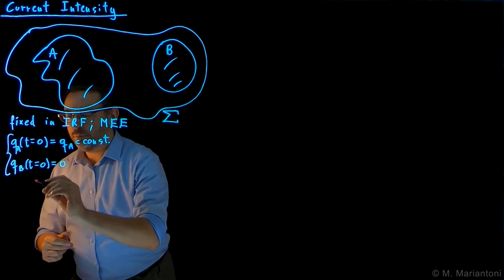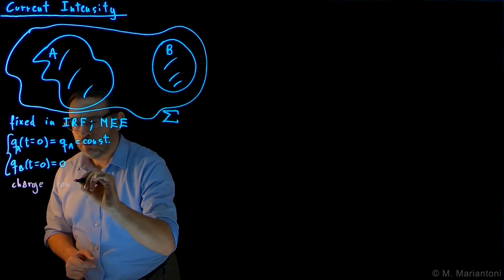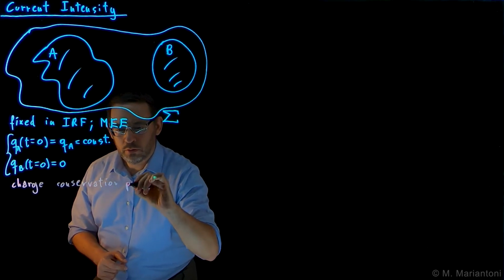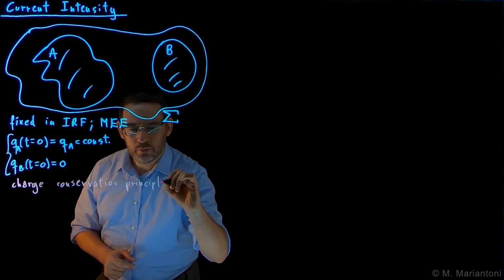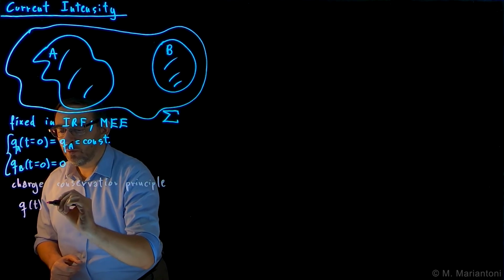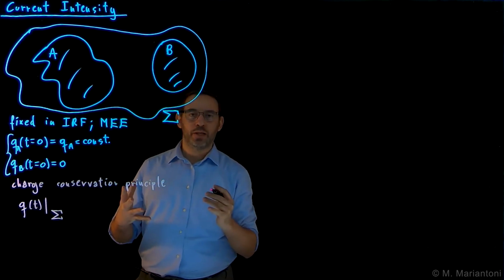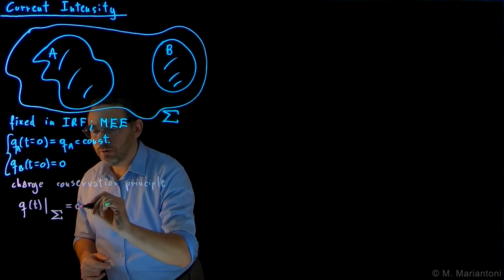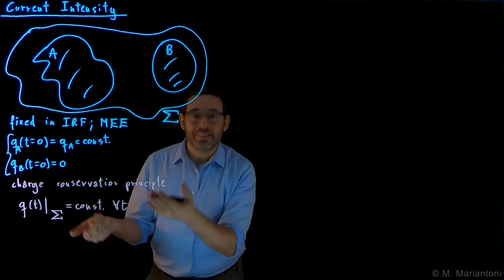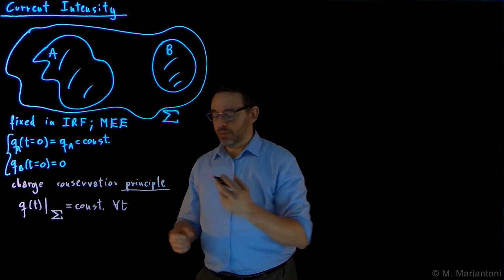It tells us that the charge Q at any time t contained within the superregion enclosed by the surface capital sigma has to be equal to a constant. If this wasn't true, the charge conservation principle, which is an empirical law, would not be fulfilled.